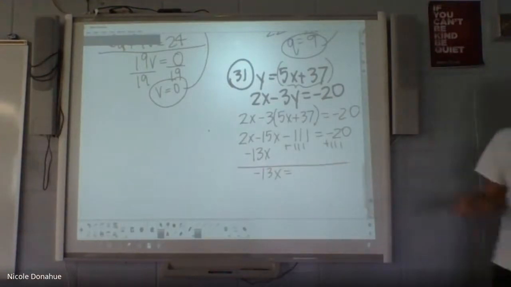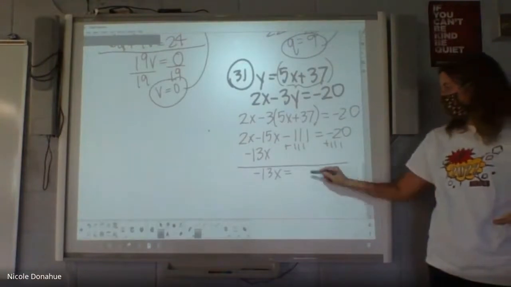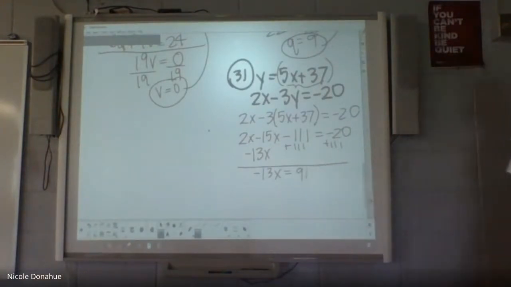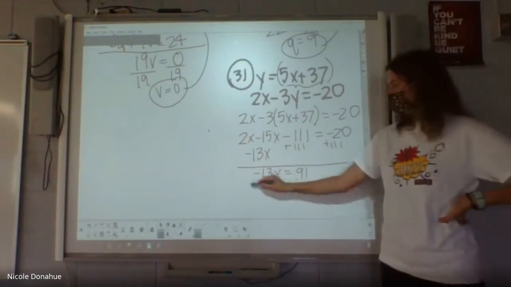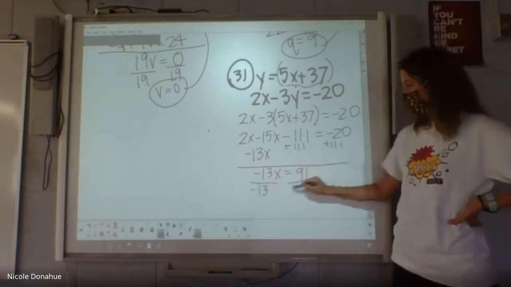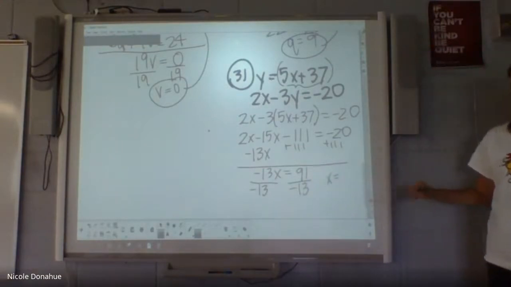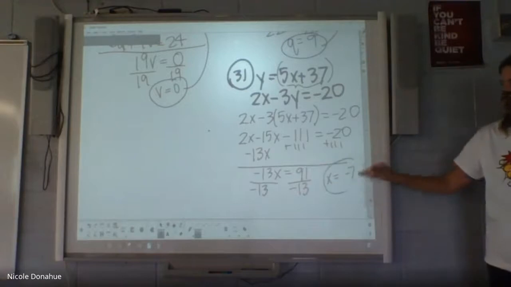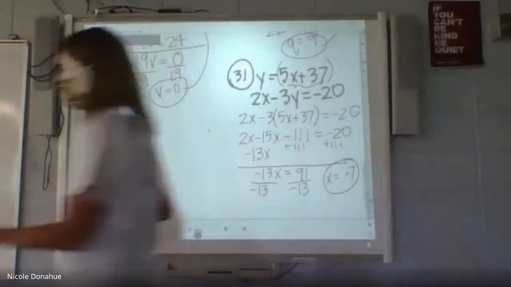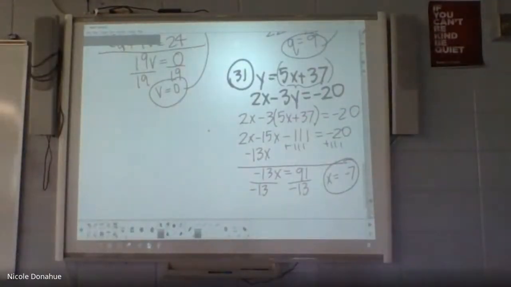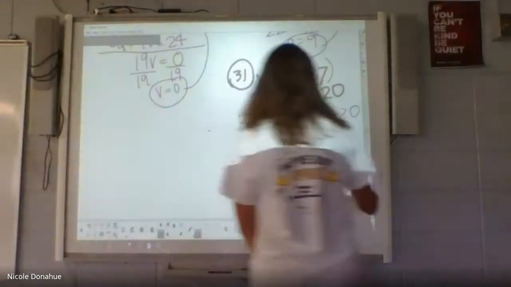What is that? 91. That makes that negative 7. Is that right? Yeah. And once I know x, then I can substitute it back in to find y.